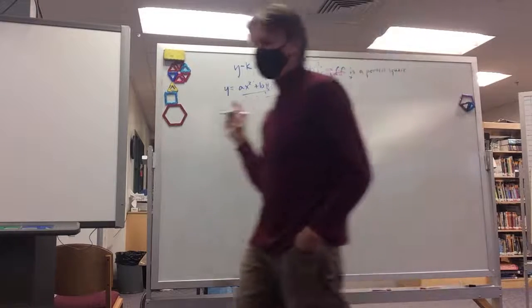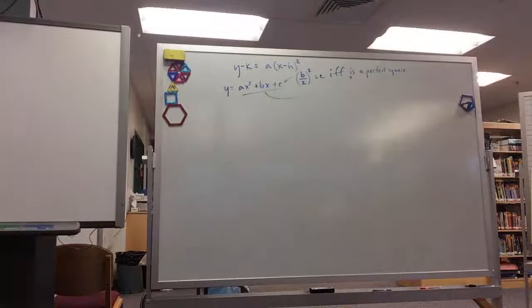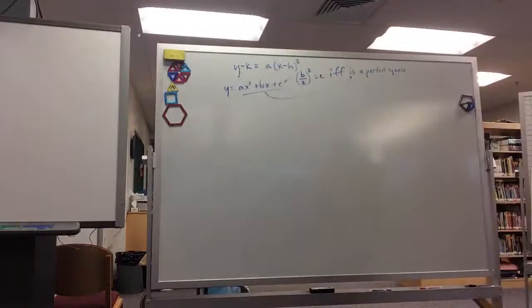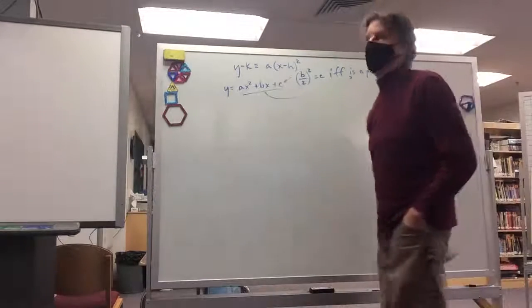So that's the caveat. When we want to make something into a perfect square, something which is not, we have to consider the b over 2 quantity squared. And once we do that, we have a perfect square.